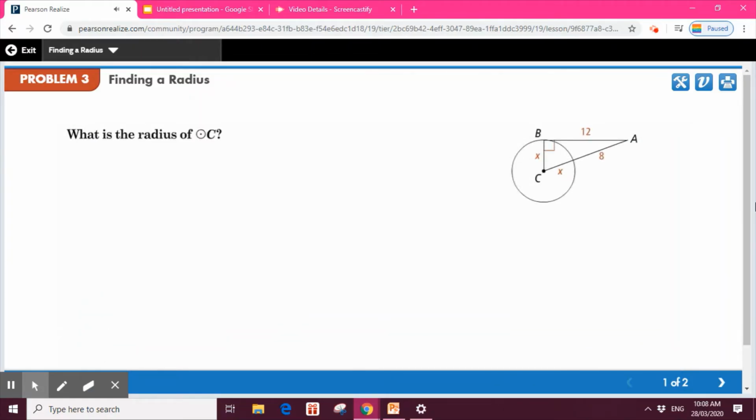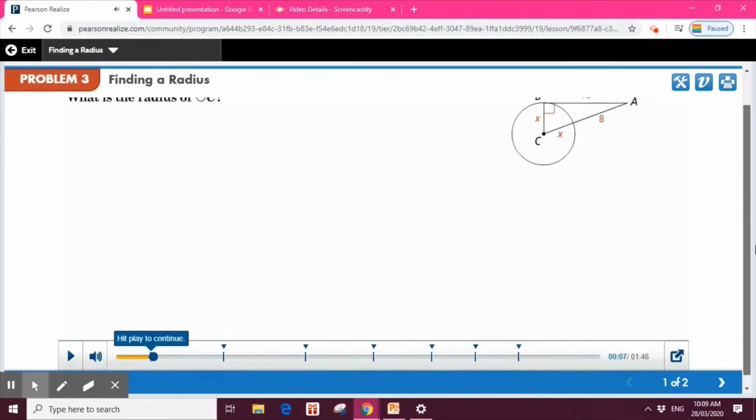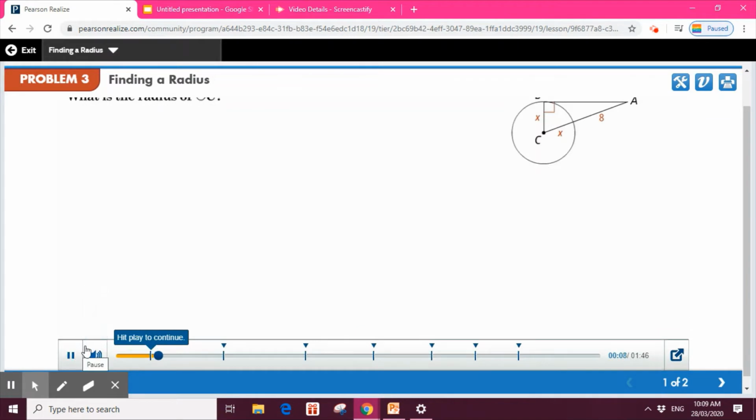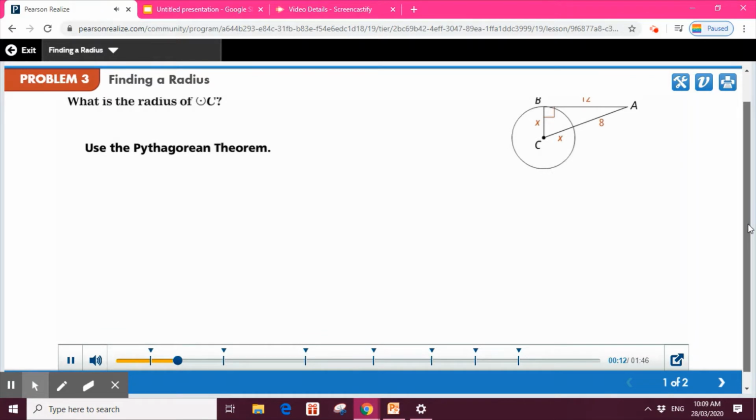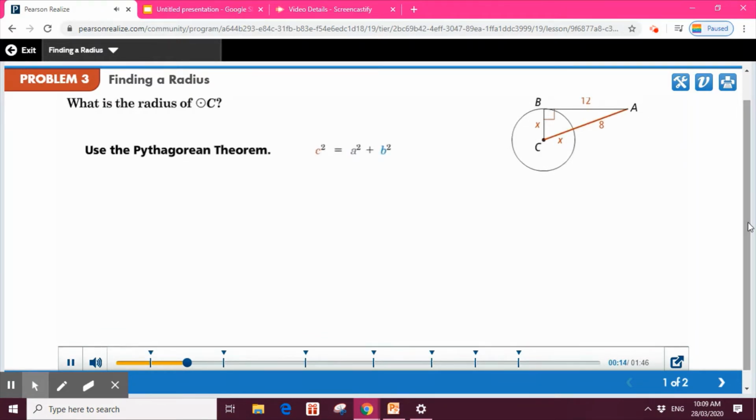In this problem, you will find the radius of a circle. What is the radius of circle C? Use the Pythagorean theorem. Substitute each side length into the equation.